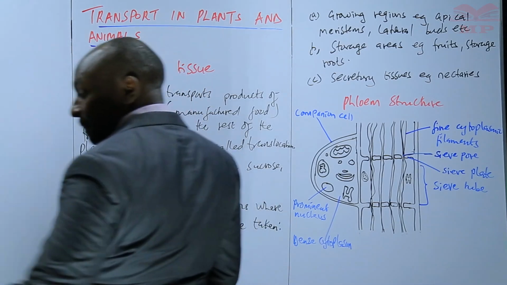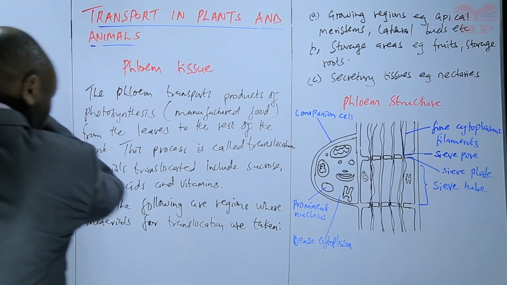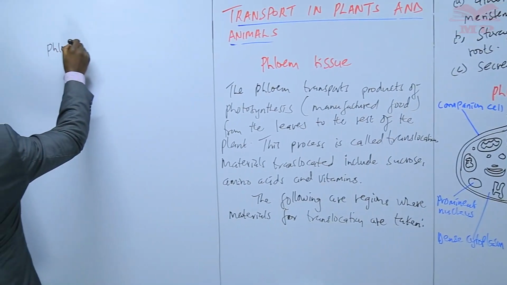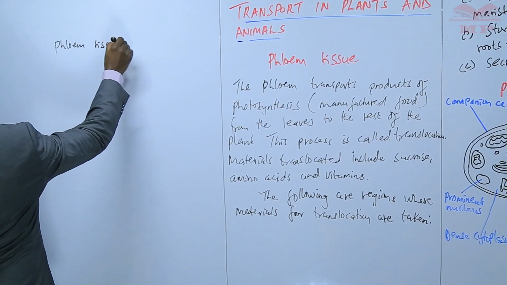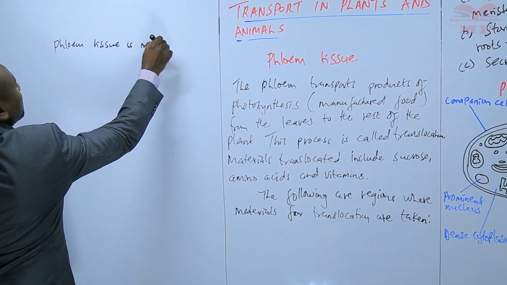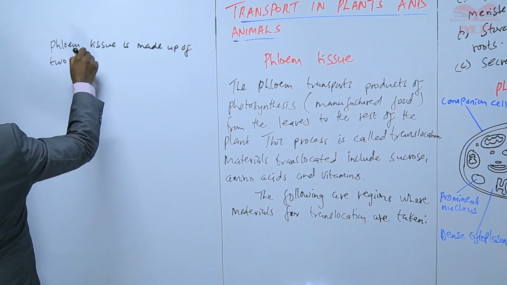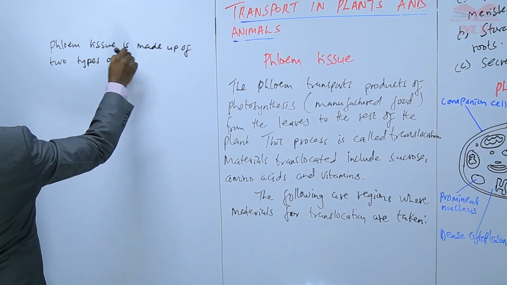So basically, we can say that phloem tissue is made up of two types of cells.